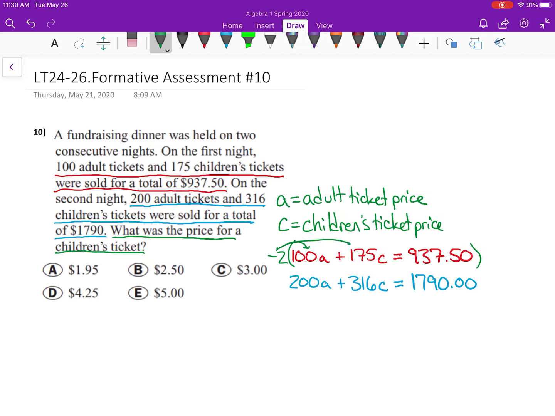So I just need to make sure I distribute -2 to every term in this equation, and I should be able to use the elimination method.